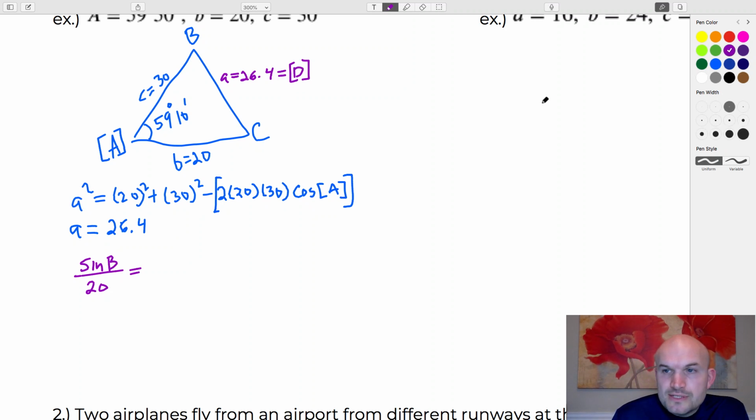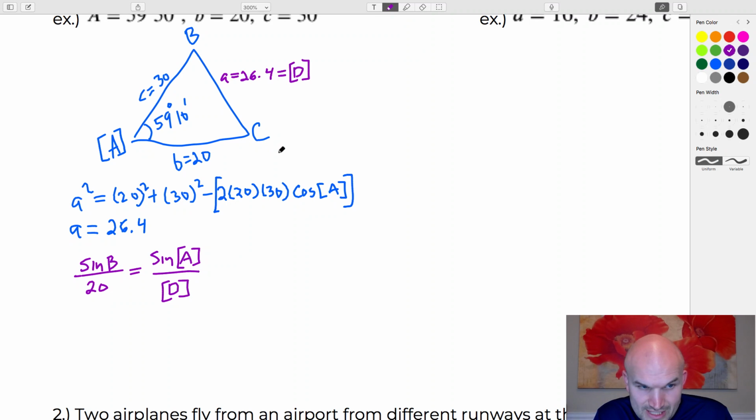All right. So anyways, we have sine of B over 20 is equal to the sine of A, which we've already stored, all over D, which is also stored, which is really the lowercase a.